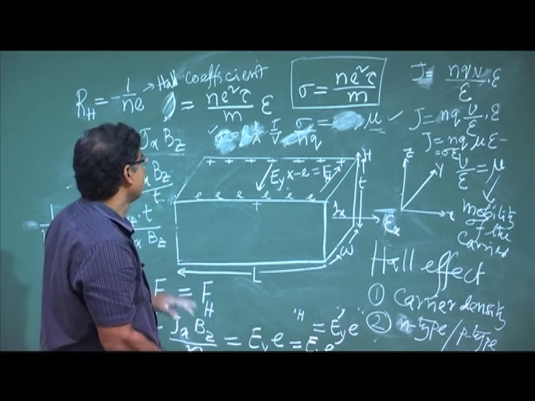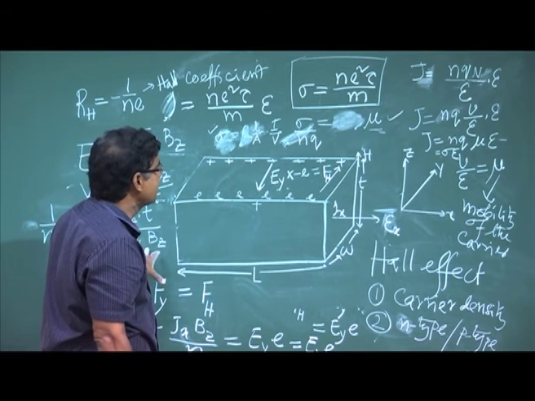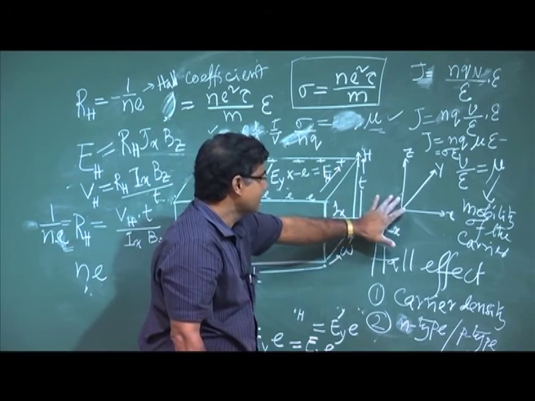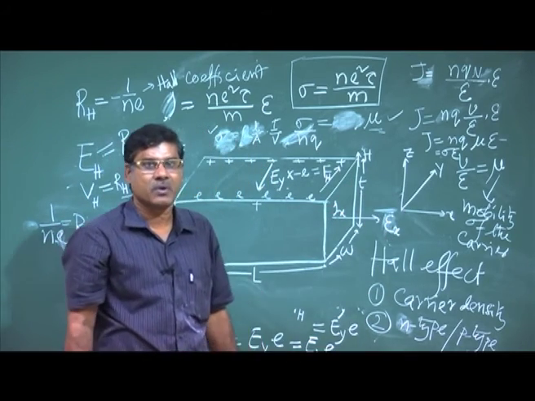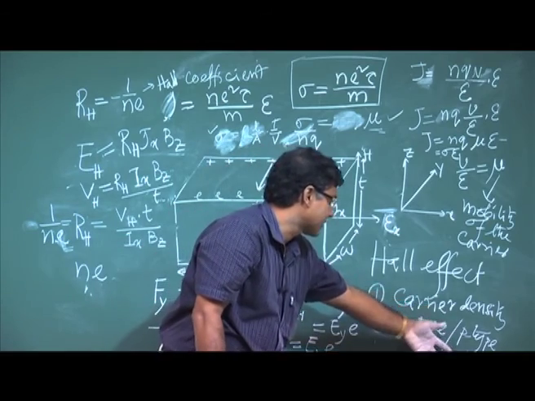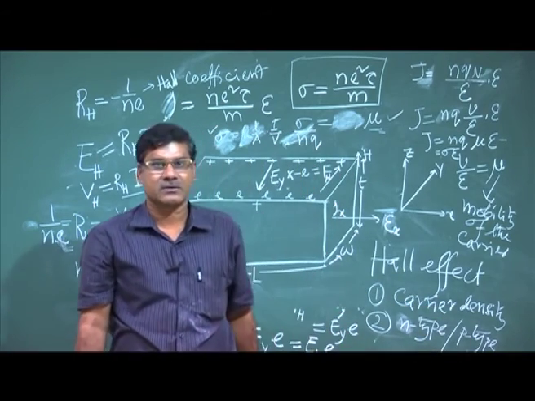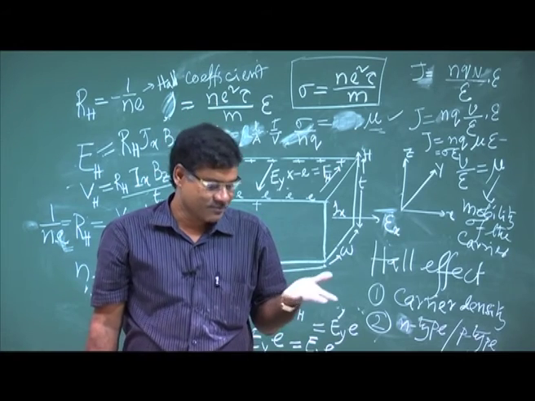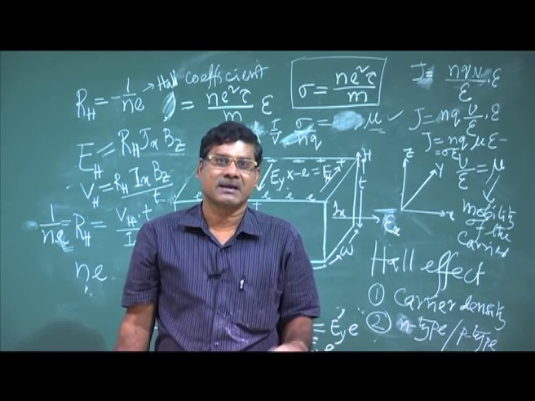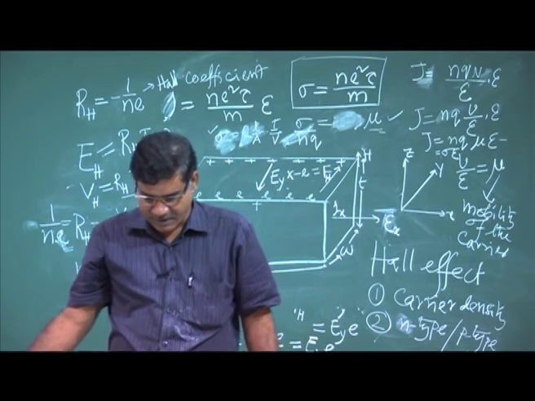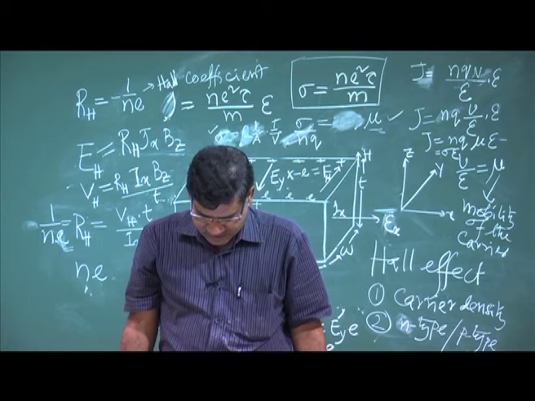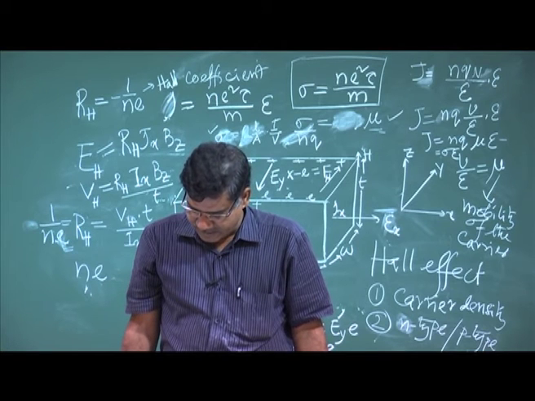So, that is the carrier density and the mobility of the carrier. These two are very important, and of course, the type of carrier also one can know. One can tell whether the semiconductor is p type or n type or both are there. So, that one can tell.